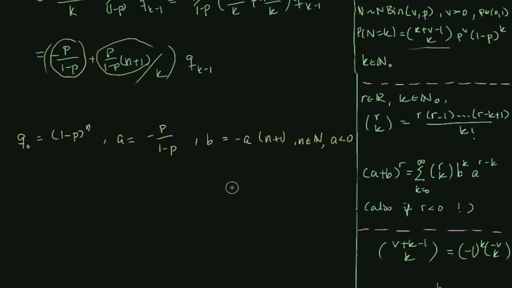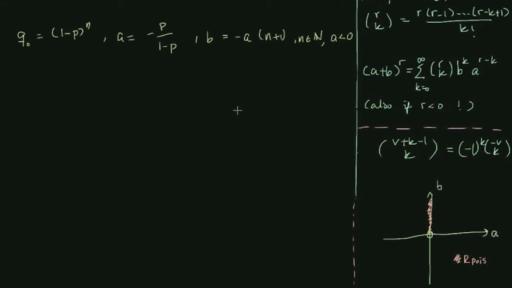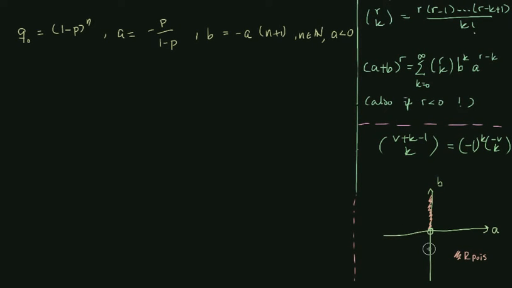So just to sum it all up, let's also draw in the AB plane what regions we have for A and B in the binomial case. This is rather interesting because A has to be smaller than 0.